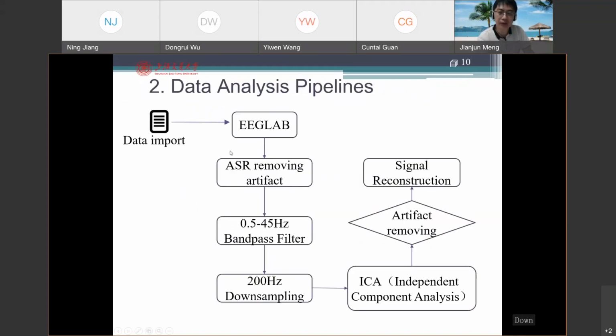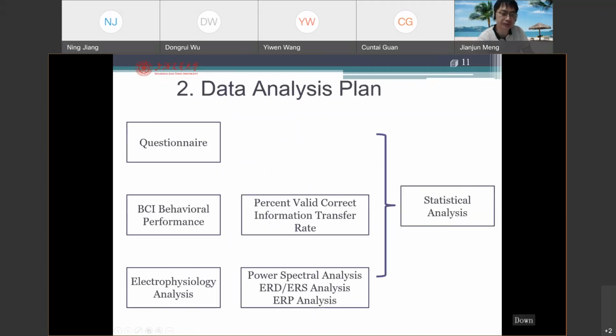So this slide shows the pipeline of our data analysis. Artifacts were first corrected with the artifact subspace reconstruction approach, and then the signals were bandpass filtered into 0.5 to 45 Hertz, and then the data were downsampled to 200 Hertz. After that, independent component analysis was performed on the data of each session to further remove artifacts.